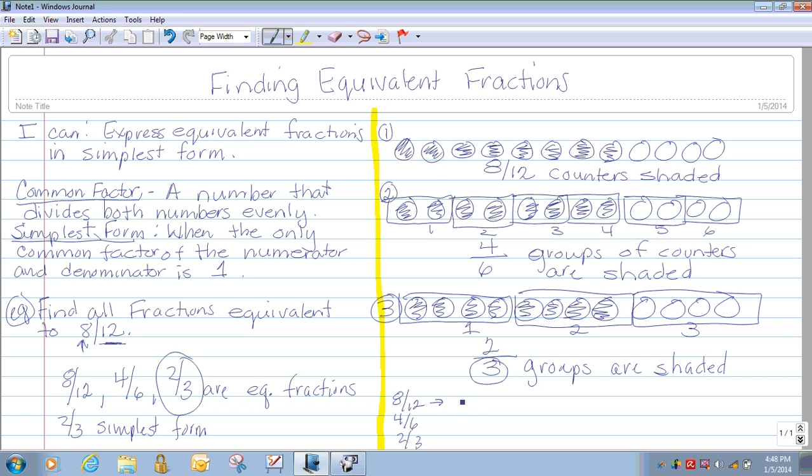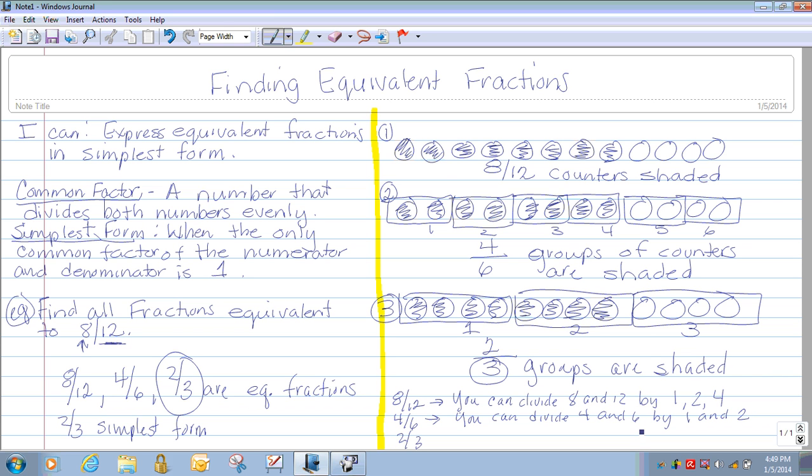And you can divide 8 and 12 by 1, 2, and 4. So we have to know our division. On 4/6, we can divide 4 and 6 by 1 and 2.